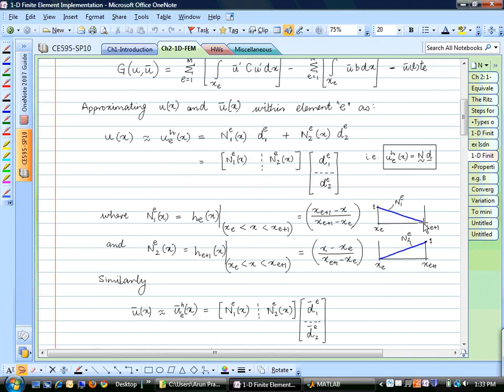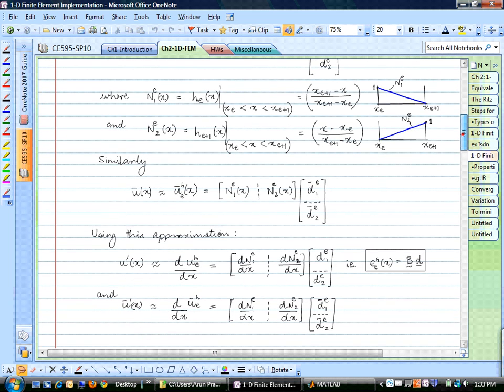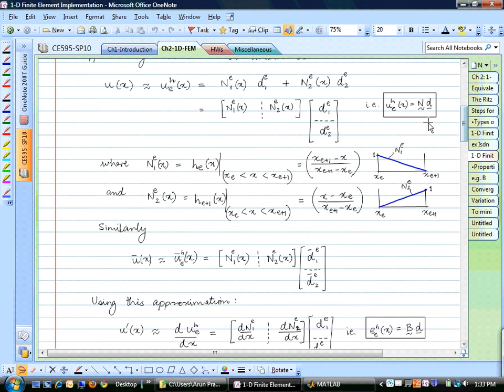So this is true again for all types of finite elements, where if you have a nodal shape function, it will go to the value 1, and it will be 0 at every other node.